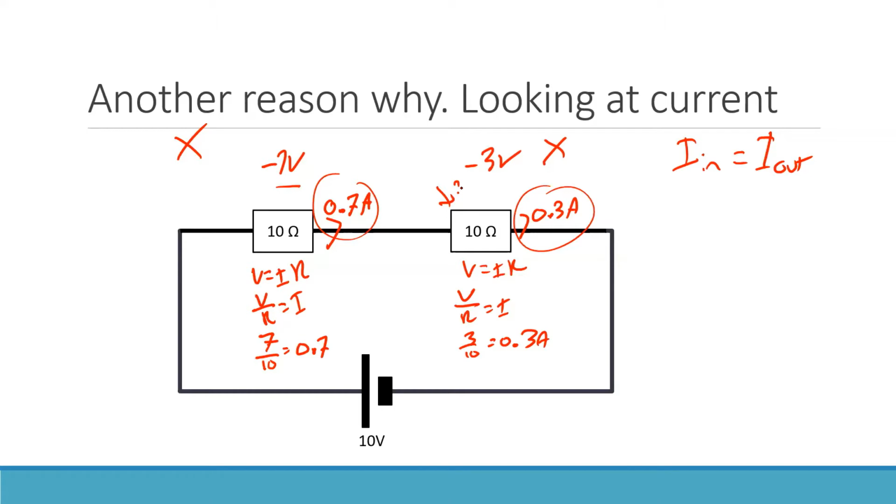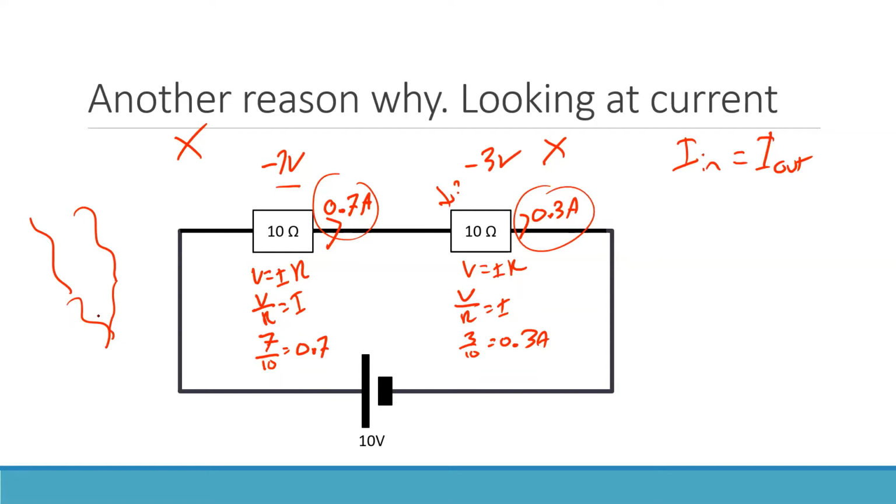It just doesn't work because it fails Kirchhoff's rule. Essentially you're saying the stream is going to go from a really big stream of electrons to a very small one, like a very big water stream to a very small water stream, without there being any real extra resistance to do this. So that's another reason why I could look at this and say, well, that doesn't work.